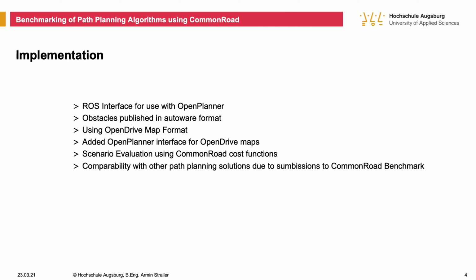In the ROS scenario, I am using the OpenDrive map format, which I'm converting from the lanelet representation of the Common Road benchmark. And I also added an OpenDrive map interface to the OpenPlanner.